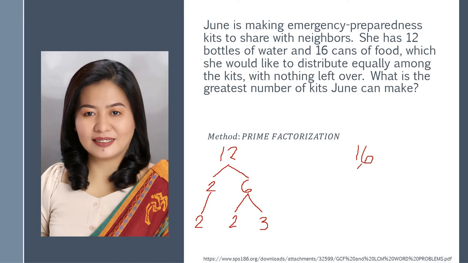So we move to our next number, which is 16. Again, we start with 2. 16 is divisible by 2, and that's 2 times 8. So we bring down 2. 8 is divisible also by 2, so that would be 2 and 4.